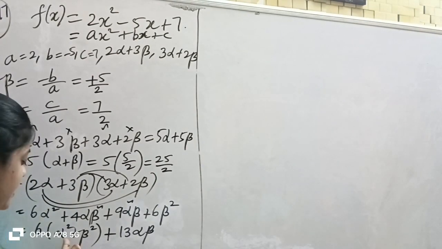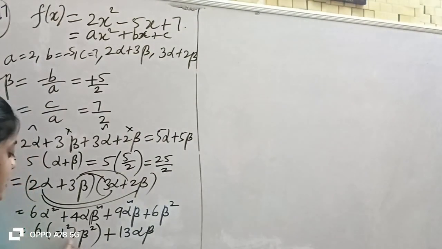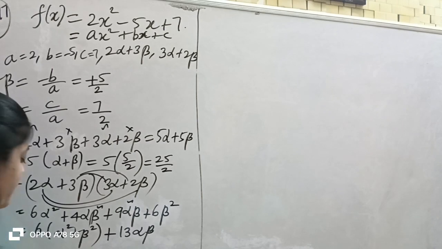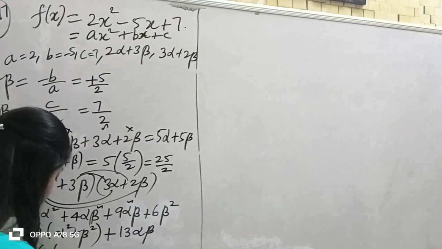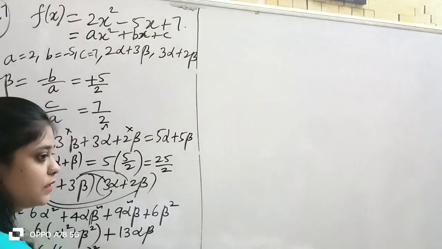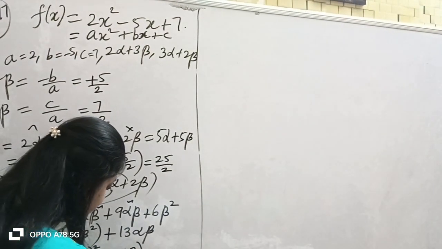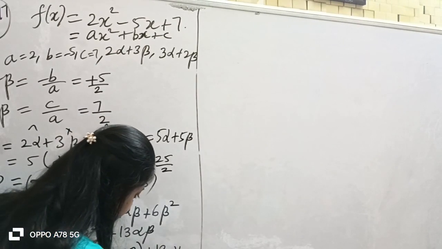So we have to use the whole square formula: alpha square plus beta square is alpha plus beta the whole square minus 2 alpha beta. Is it correct? Plus 13 alpha beta.